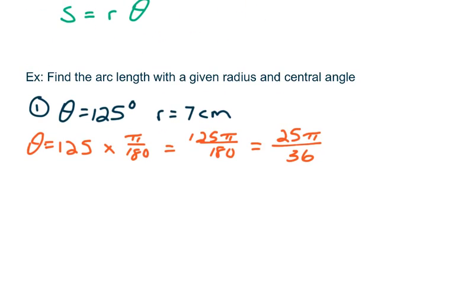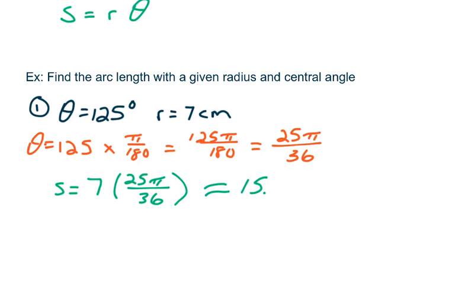So our arc length here, s, is equal to our radius, which is 7, times our angle, which is 25 pi over 36. You can type this directly into your calculator, as written. 7 parenthesis 25 pi slash 36, close the parenthesis, and you're done. And when you do that, you find that the arc length here is approximately 15.3 centimeters.